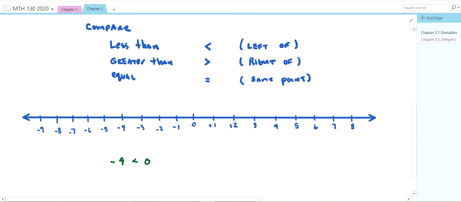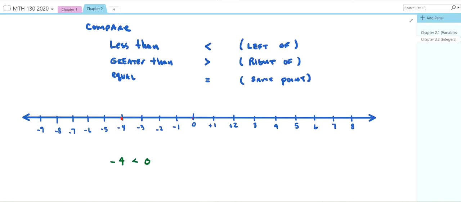But we do put the negative sign on the numbers to the left, as we count up to infinity on the left side of 0. So if we look at minus 4, it is to the left of 0. So minus 4 is less than 0. That's how we're going to do that.